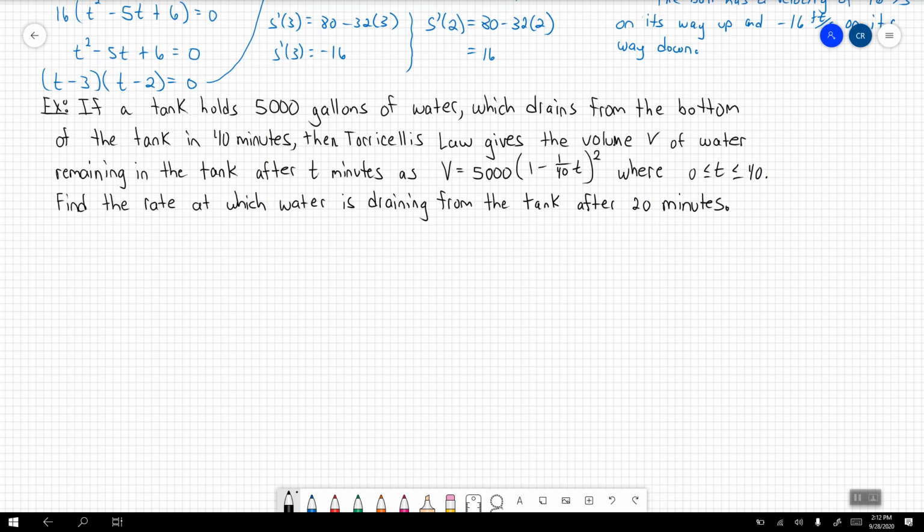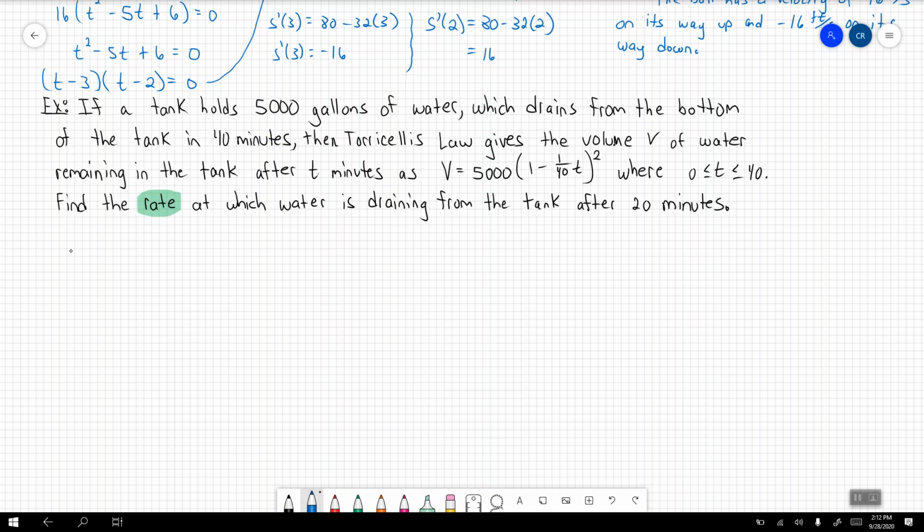There we are. So again, what we're looking at here is that we want to find a rate. Remember, rates of change is that technical term for this derivative process that we've been developing in this chapter. So when we want to find that rate of change, again, we're talking about a derivative.